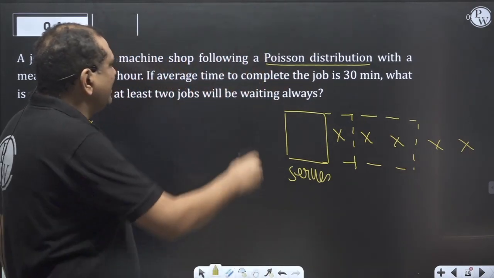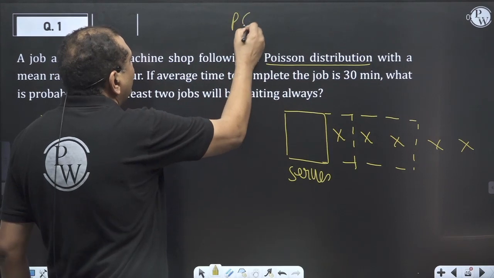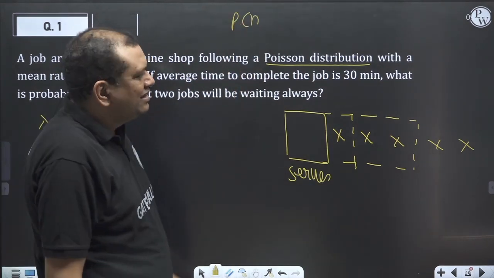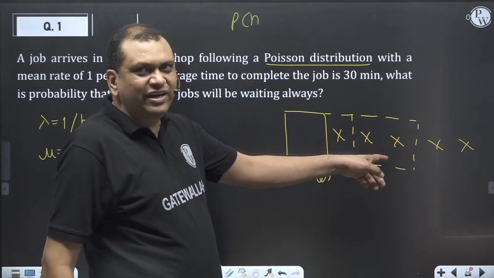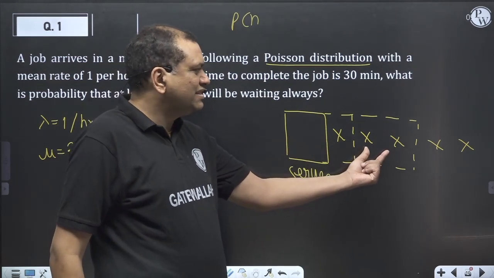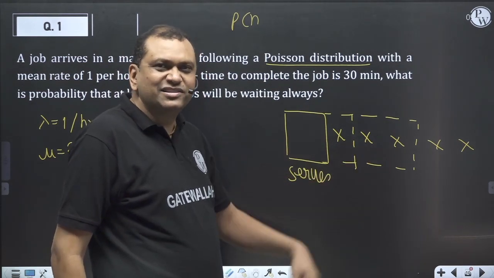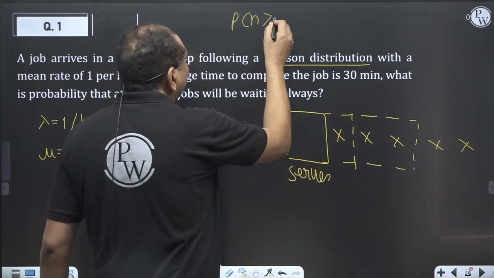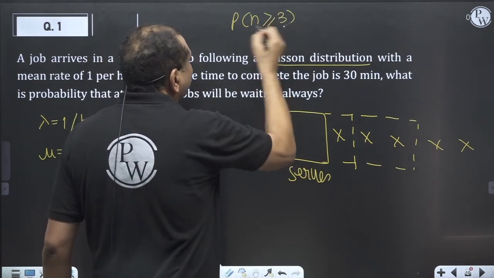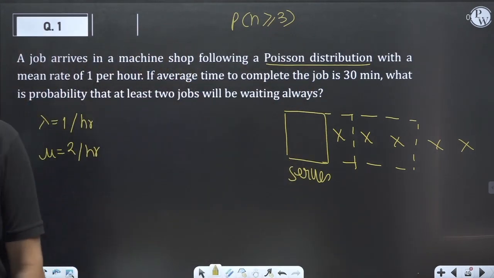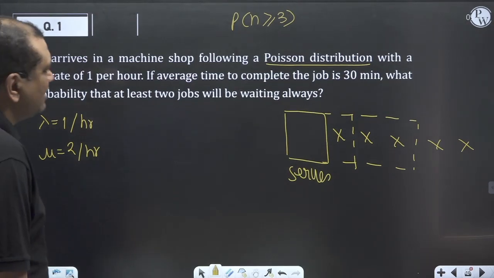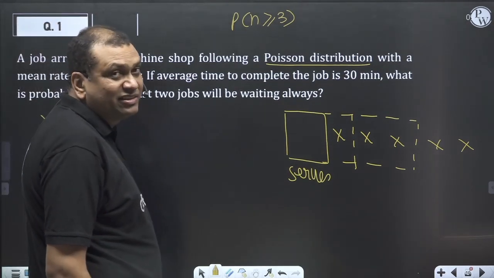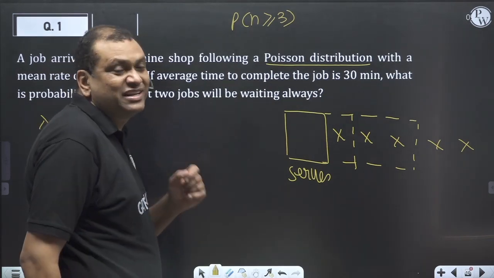What is the probability that at least 2 jobs are waiting always? So at least 2 jobs means at least 3 people in the system. Probability that number of customers is greater than or equal to 3. That's what the question is asking.